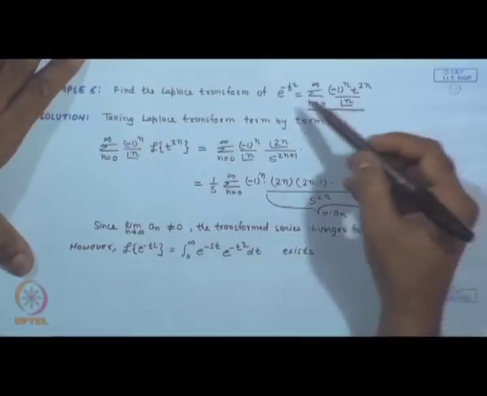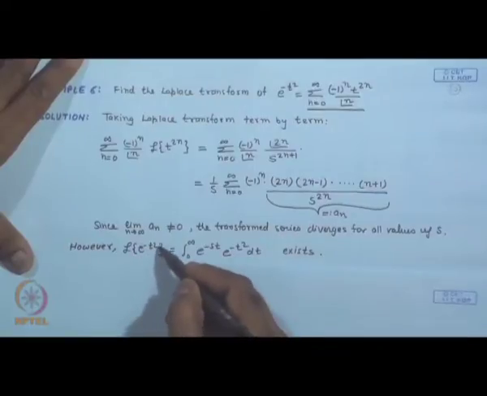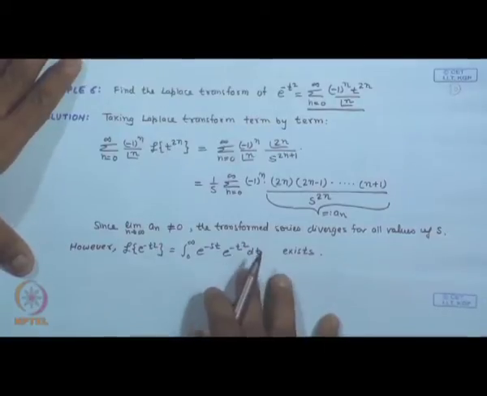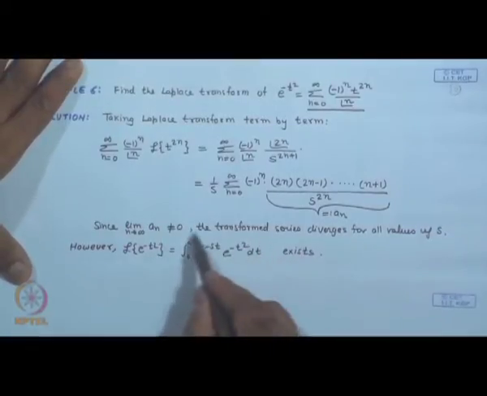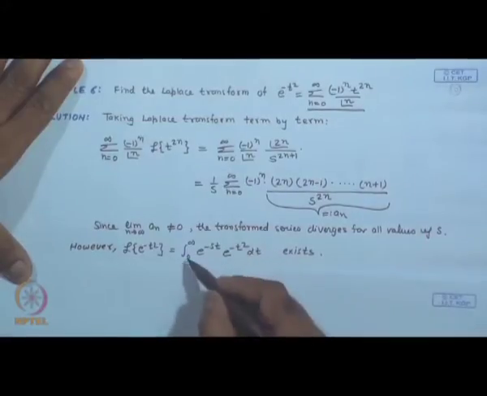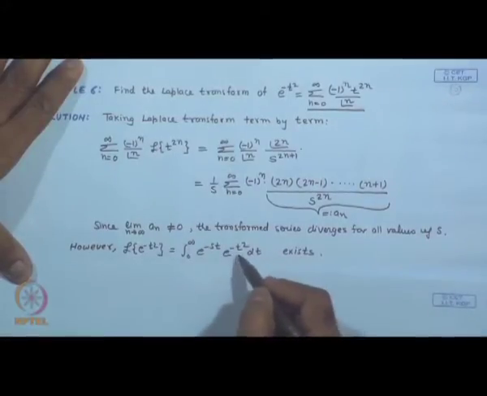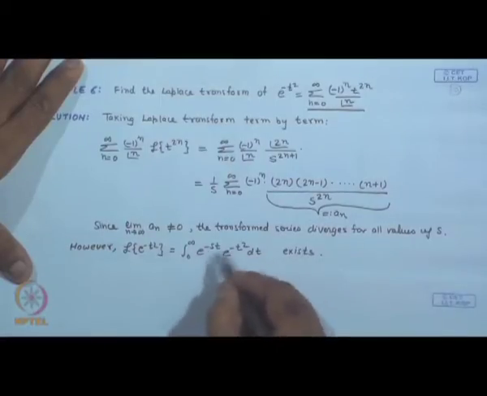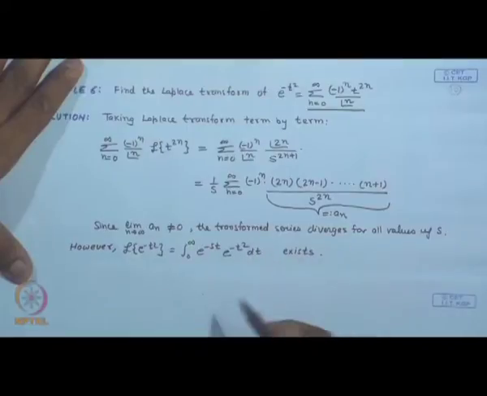However, the Laplace transform of e^(-t^2) is simply the integral from 0 to infinity of e^(-st - t^2), and it is very clear that this integral exists, because e^(-t^2) is in fact bounded by 1. So, this integral is bounded by the Laplace of 1, that is 1 over s.